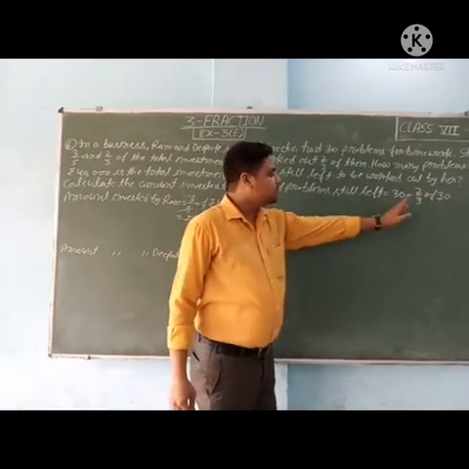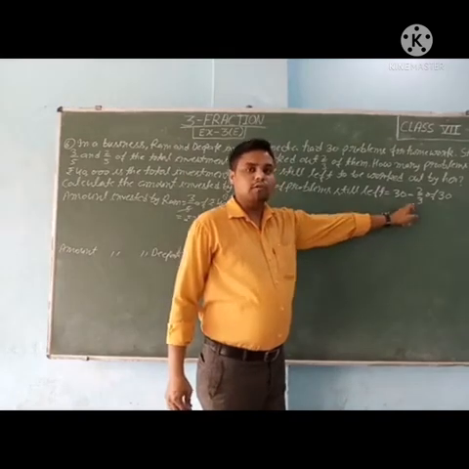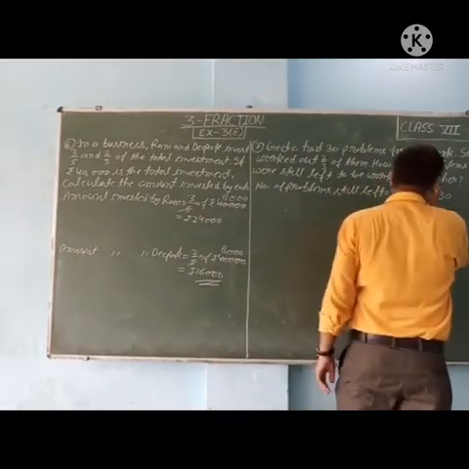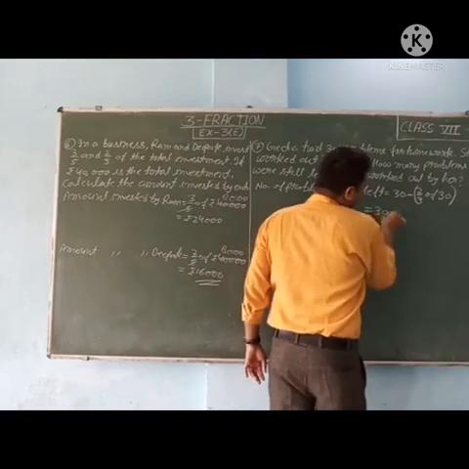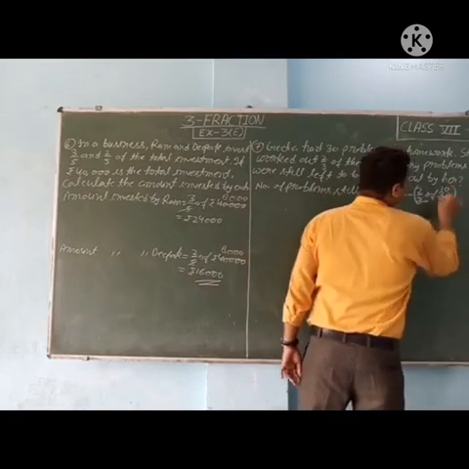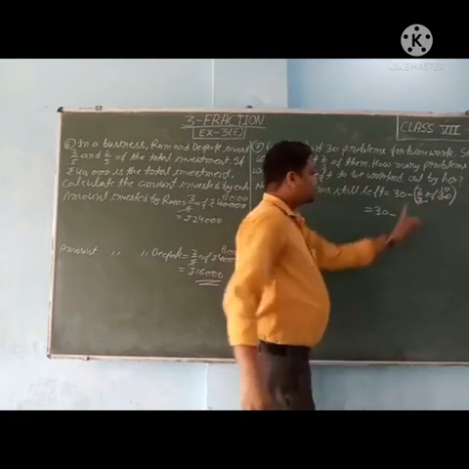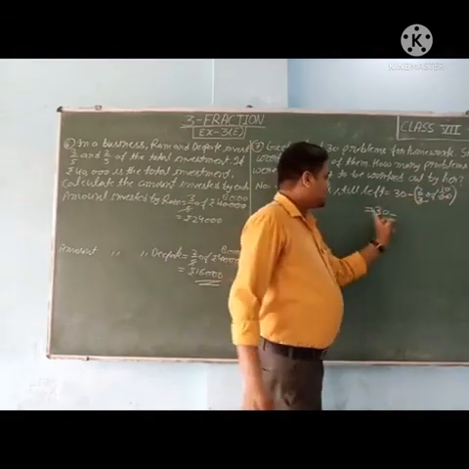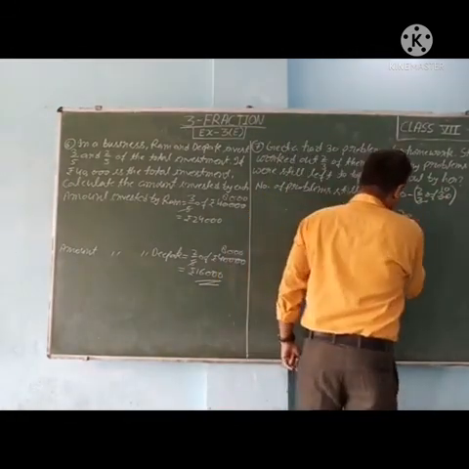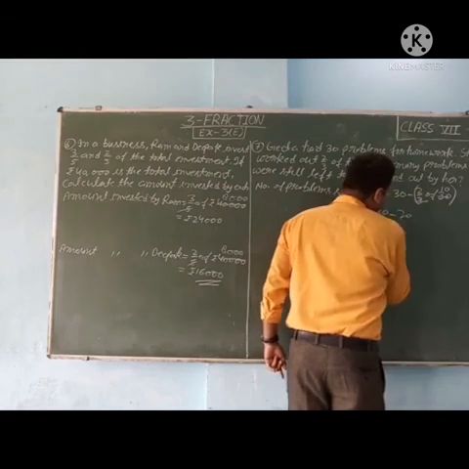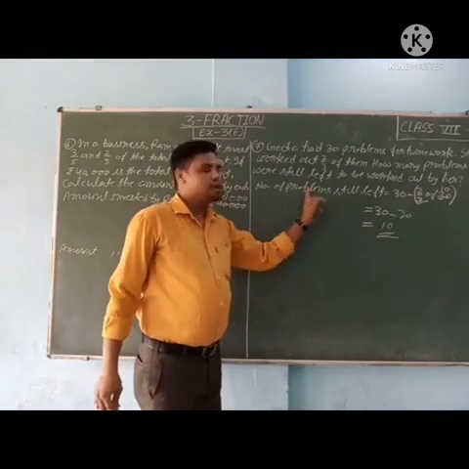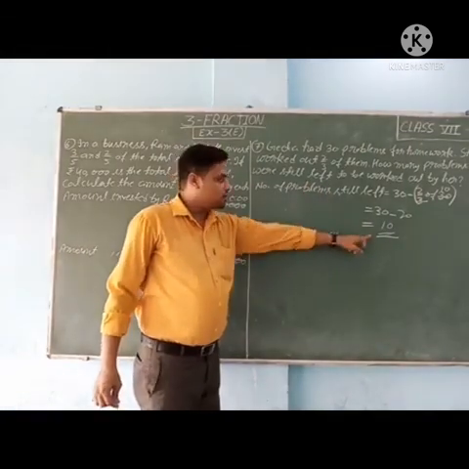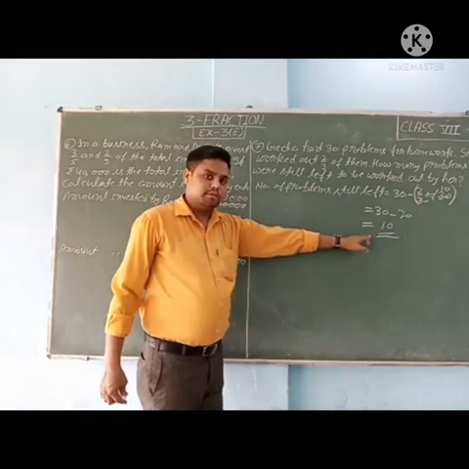So 30 minus 2 upon 3 of 30. Better to take this inside the bracket. So is equal to 30 minus, 3 tens are 30, 2 tens are 20. 30 minus 20 is equal to 10. It means number of problems still left to be worked out is equal to 10 and it is the answer.